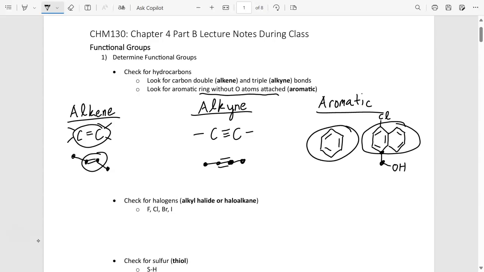Okay, and of course you could look at it in the expanded version where you have carbons shown. Okay, where you have alternating double and single, and then all of those carbons could have something coming off of them as long as it's not an oxygen that's directly attached.